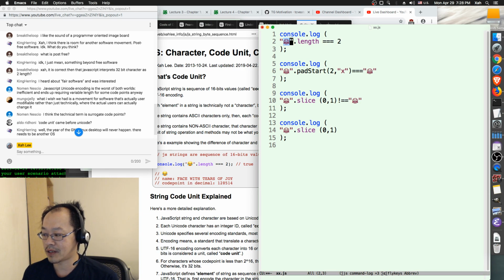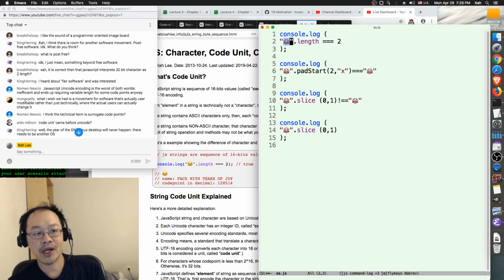Why is it called a surrogate pair? First of all, it's a pair because it takes 2 code units to encode one character, and surrogate just means they are together. But why does this happen? Why do some characters need two 16 bits?